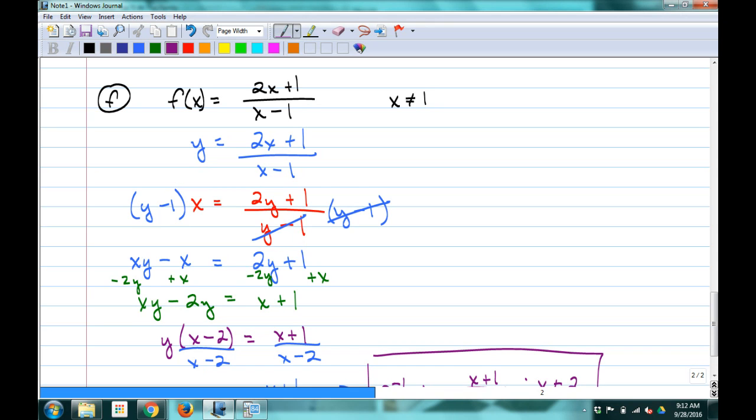At y equals 2, the ratio of the leading coefficients. Okay, so it's a horizontal asymptote. That's the y value. What does the inverse do? It swaps x and y. So if y is not 2, there's a horizontal asymptote at 2. On the inverse, the x not equal to 2 is coming from that.